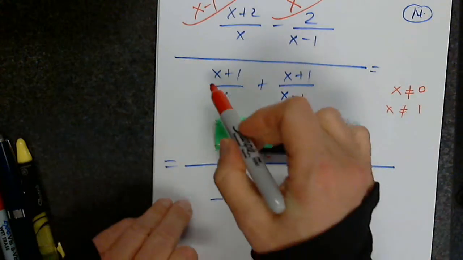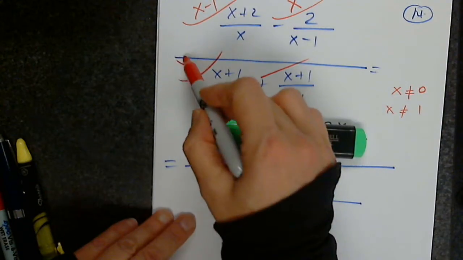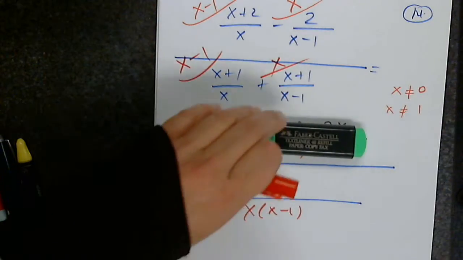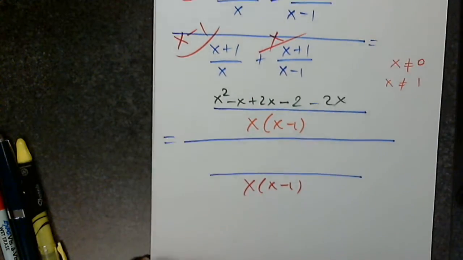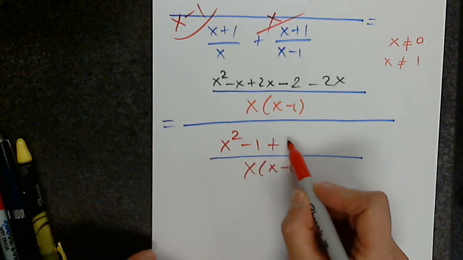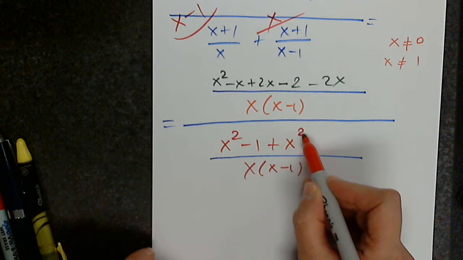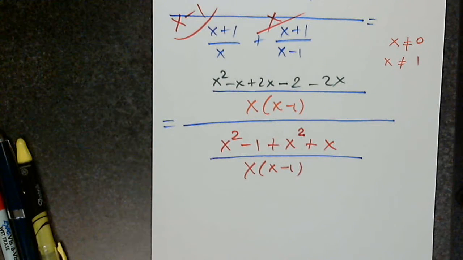Then this needs something, this needs something: x minus 1 and x. So then that'll be x squared minus 1 and plus x plus 1 plus x squared plus x. Good. Any questions about the top or denominator?